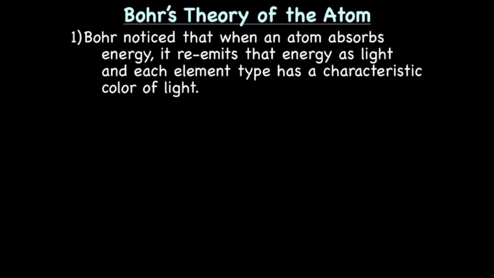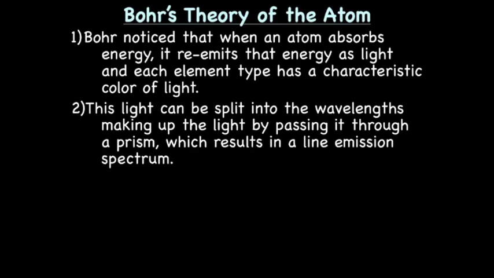Bohr noticed that when an atom absorbs energy, it re-emits that energy as light, and that each type of element has a characteristic color of light. Furthermore, this light can be split into the wavelengths making up the light by passing it through a prism, which results in a line emission spectrum.